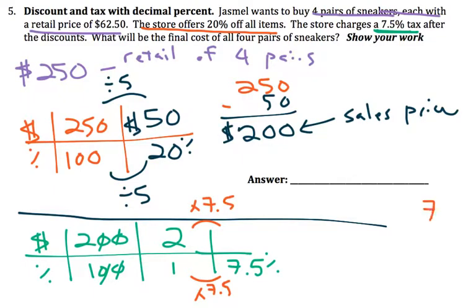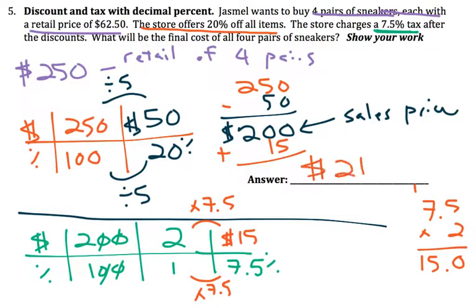You can actually do that off to the side or with your calculator, or you could just double 7.5, which should give you 15.0, or $15. And so now I go back to my sales price, I add our tax, which is $15, and you should end up with $215.